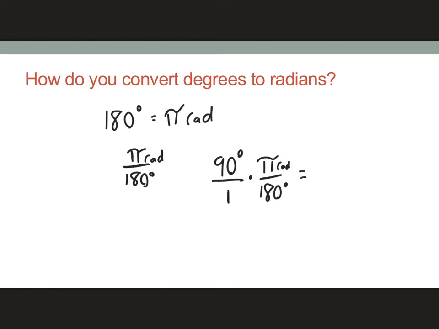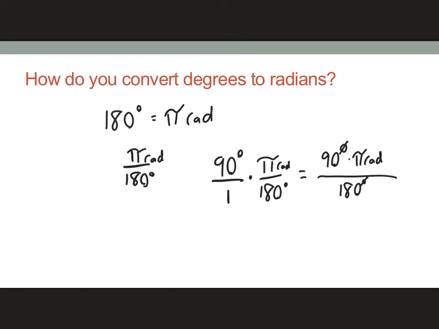And 90 degrees would just be over 1. You multiply straight across. 90 degrees times pi radians divided by 180 degrees. Now we have 90 degrees on top and 180 degrees on the bottom, so we can reduce that to 1/2. But also, the degrees on top and the degrees on bottom will cancel out.